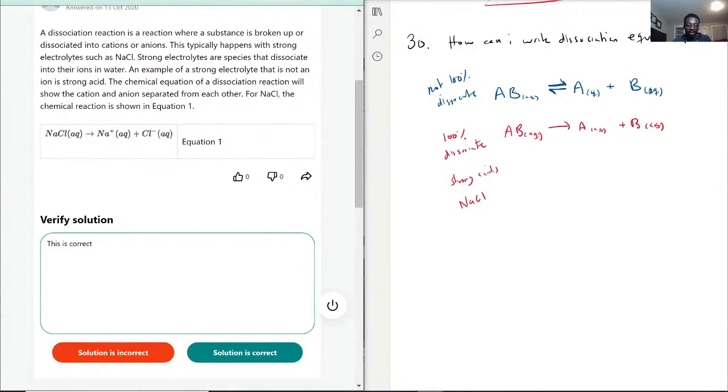But when you have weak acids, so not 100% dissociate, you want to use this arrow here. The arrow is the key difference between 100% dissociating and not 100% dissociating. So this is correct.